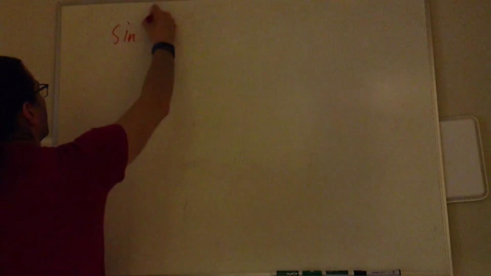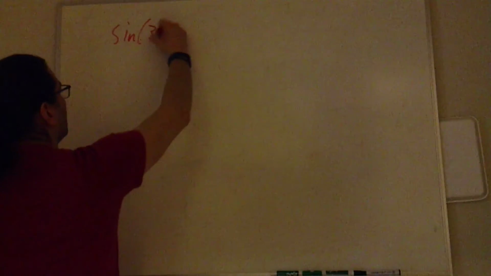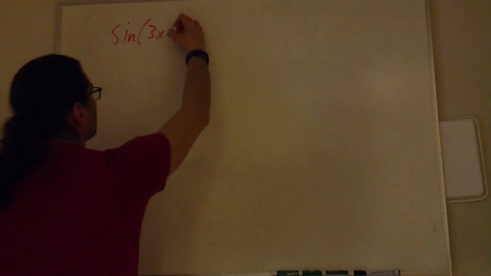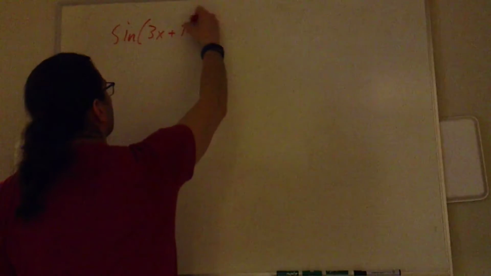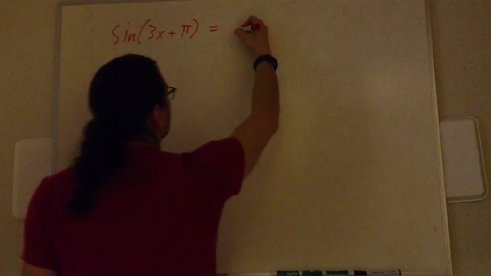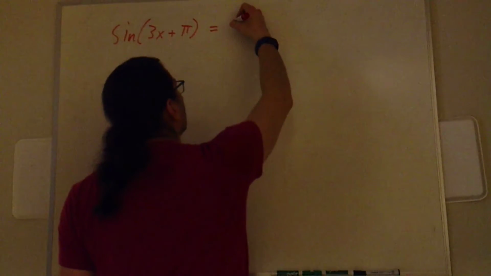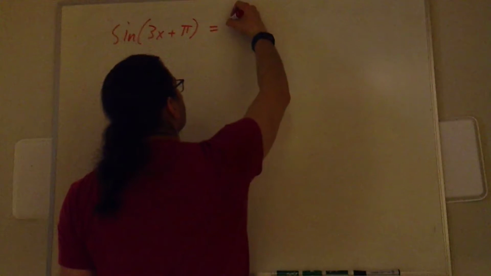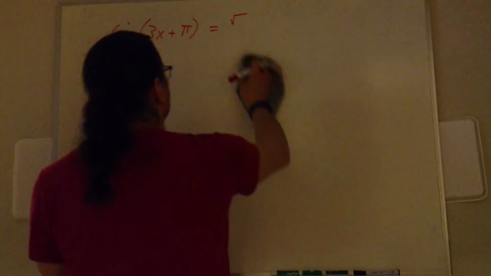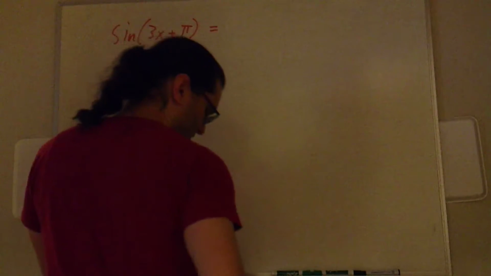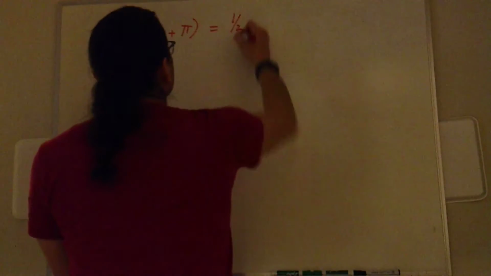Let's do another one. Let's do sine values this time. Let's say the sine of 3x plus pi equals, I'll say 1/2.